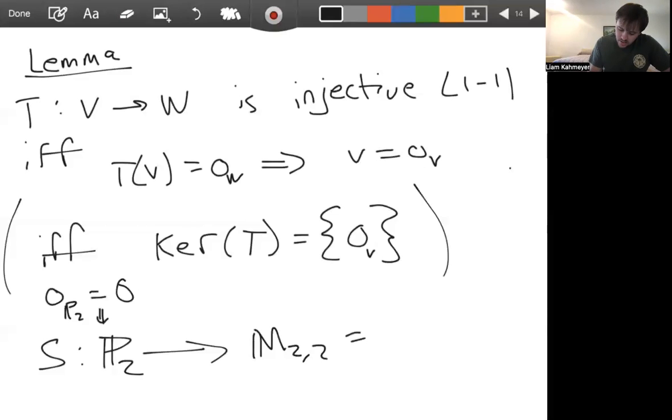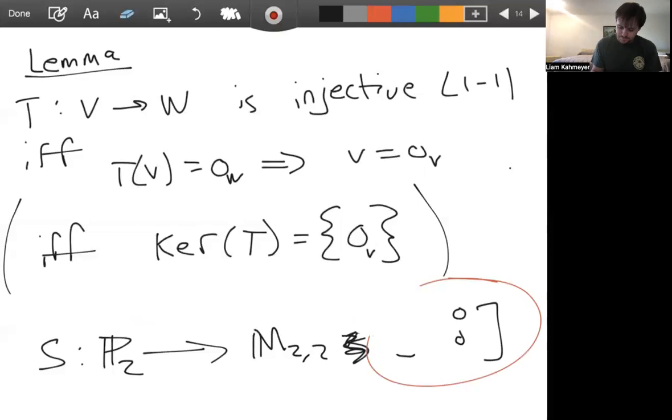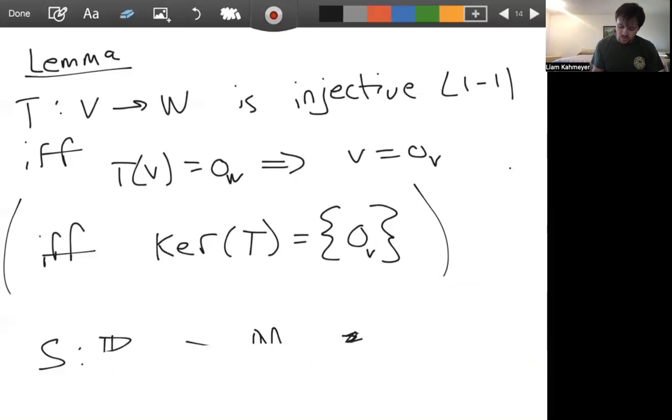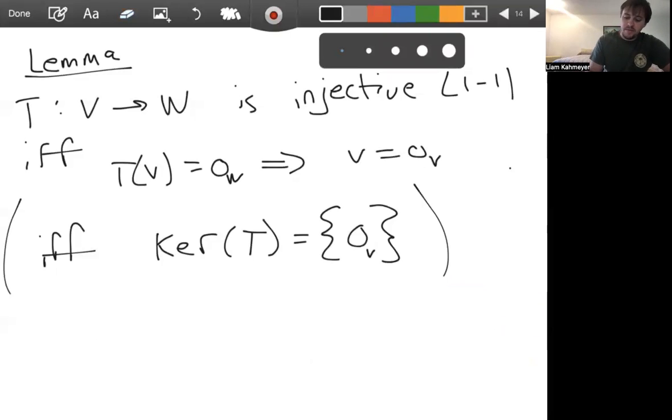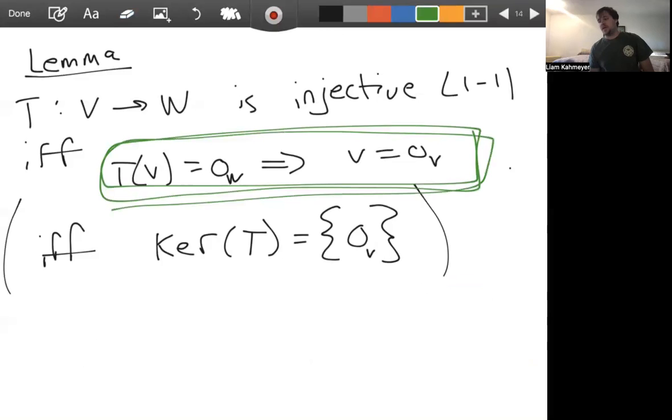But here, the 0 of M22 is a 2 by 2 matrix, and certainly a 1 by 1 object cannot be equal to a 2 by 2 matrix. So it's important to specify sometimes that you're looking at different additive identities once we start to study this stuff in a much more generalized context. And this may be the best way to show injectivity, is to just show this property here.